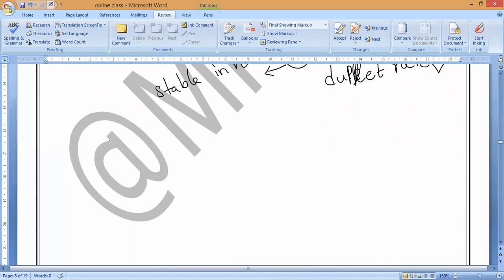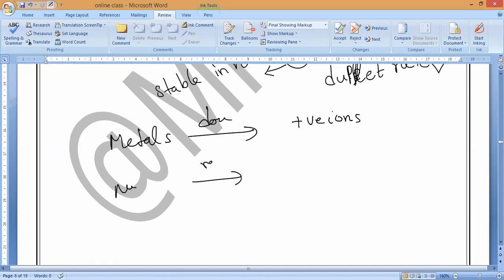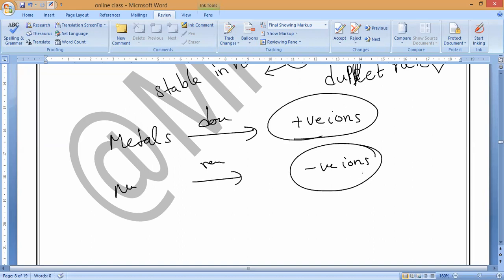So regarding valency, metals will donate electrons so that they turn into positive ions. In the same way, non-metals will receive electrons so that they turn into negative ions.